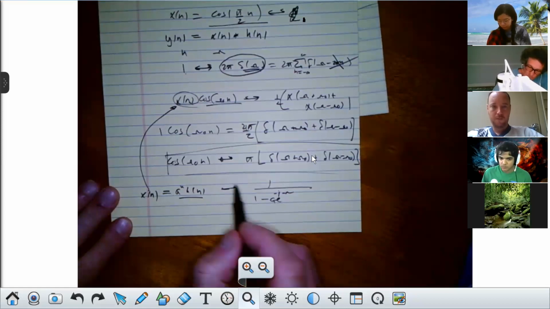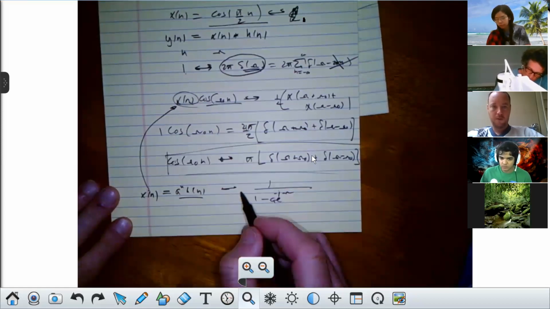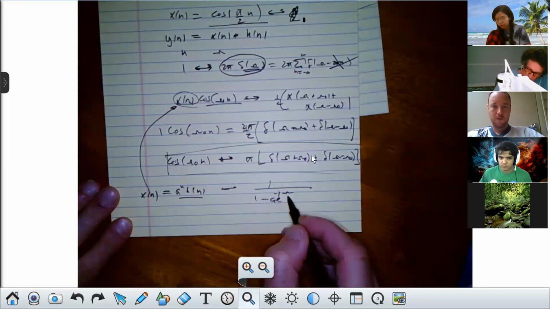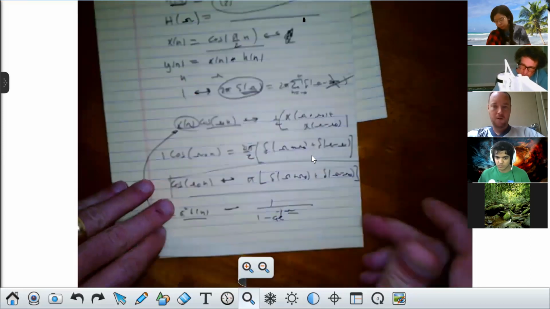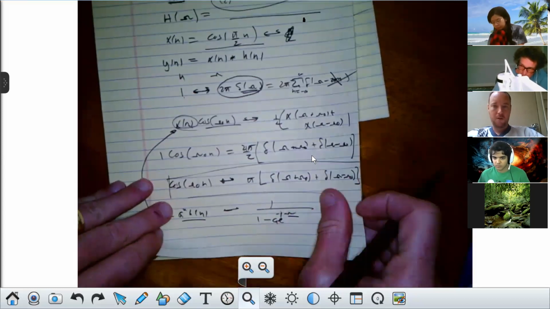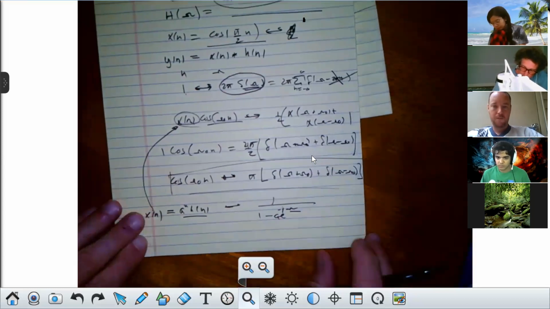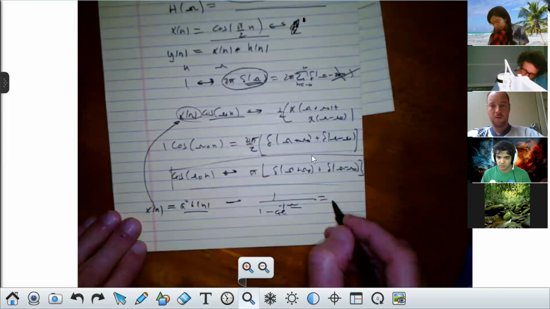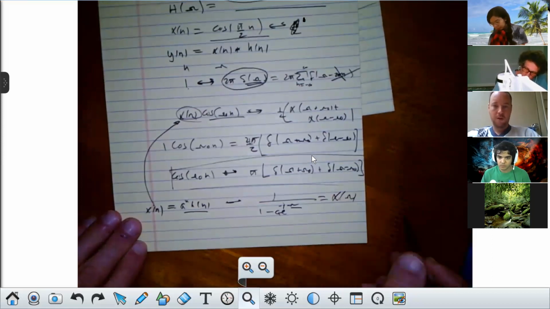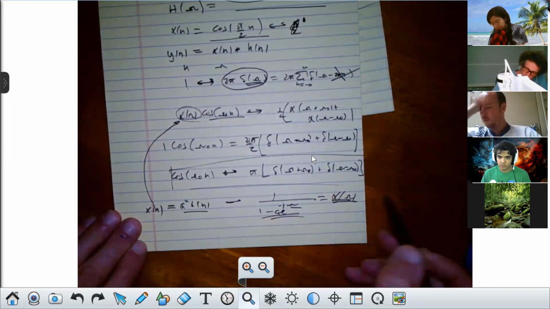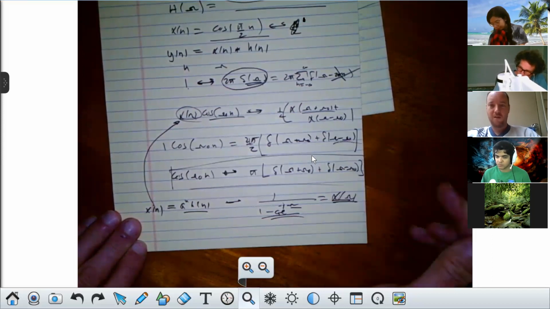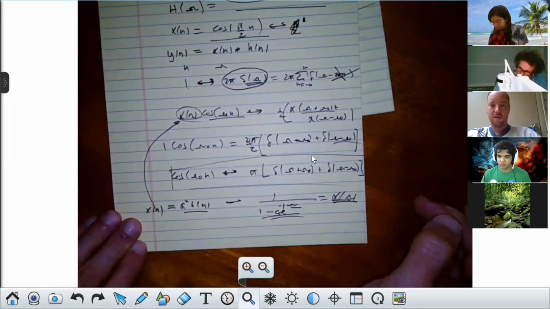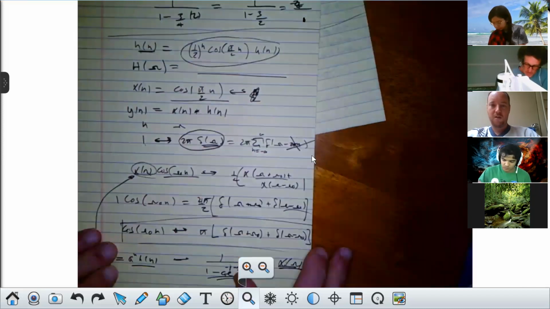The only thing I have to do is take this function, divide it by 2, and then spread the omega on either side. I'm about to do that on the next page, okay? Remember, this is my x of omega. So now I have to take this x of omega and replace the argument omega with omega plus omega naught and omega minus omega naught, right? All right, I'm going to do that on the next page.